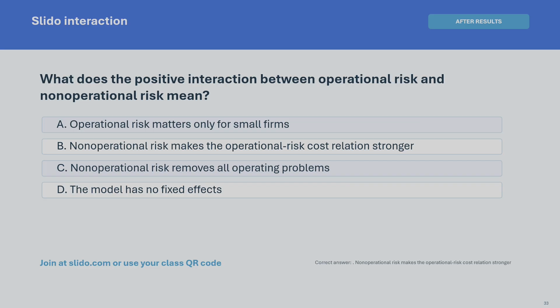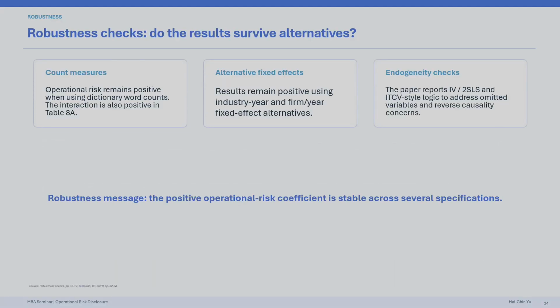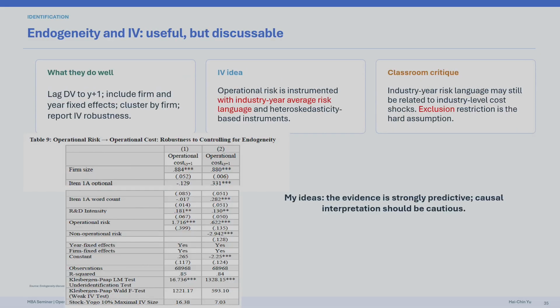That means that you totally understand so far. And there is the robustness check using counts and word counts rather than just the probability, with different fixed effects, and then the endogeneity IV. The result remains, doesn't change. We can take a look at the IV.